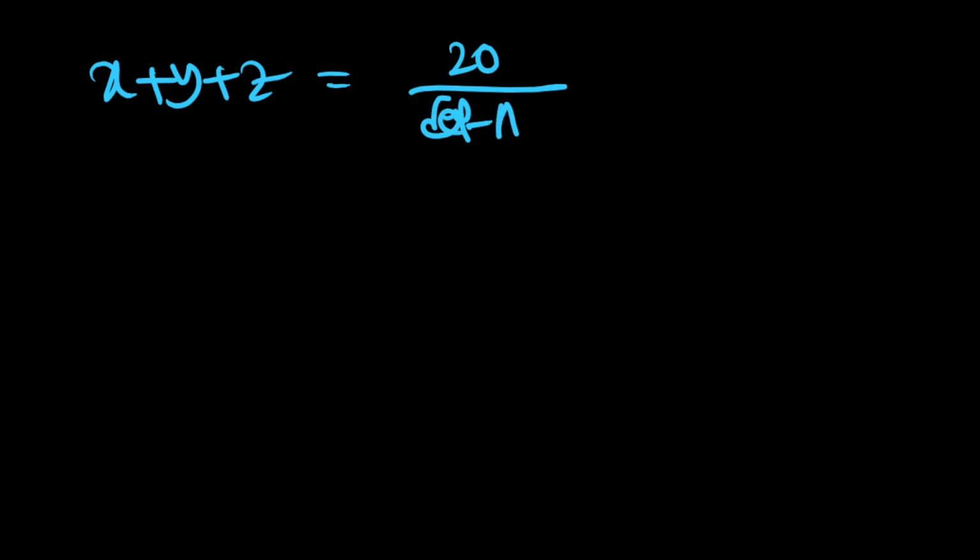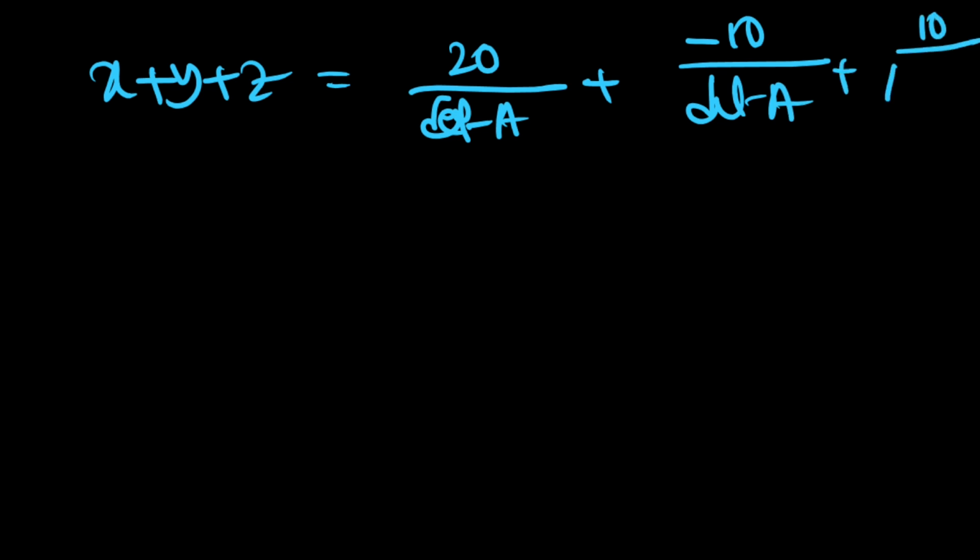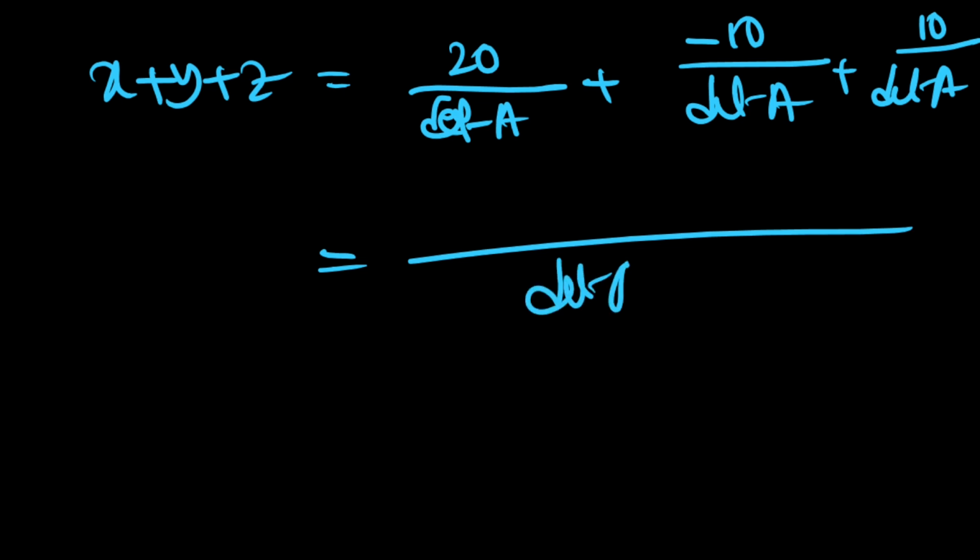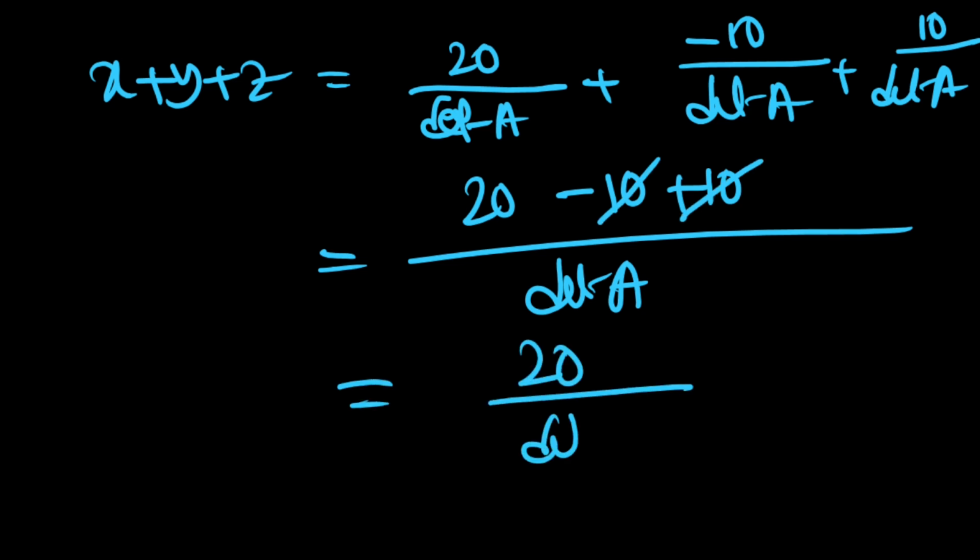Therefore x plus y plus z is equal to 20 over the determinant of A, plus minus 10 over the determinant of A, plus 10 over the determinant of A. Taking the common denominator, 20 minus 10 plus 10, so the 10s cancel, giving 20 over the determinant of A.